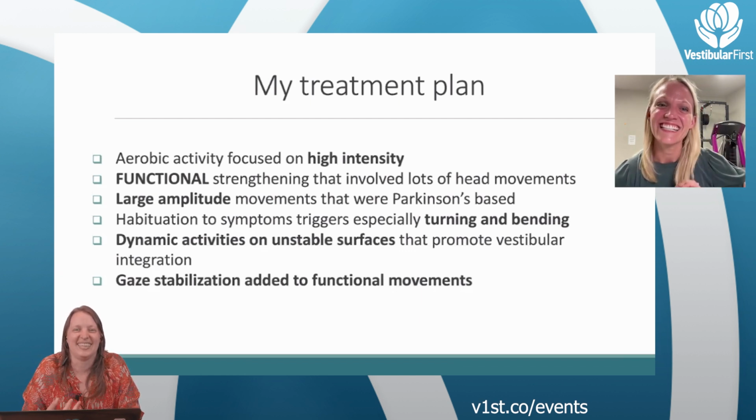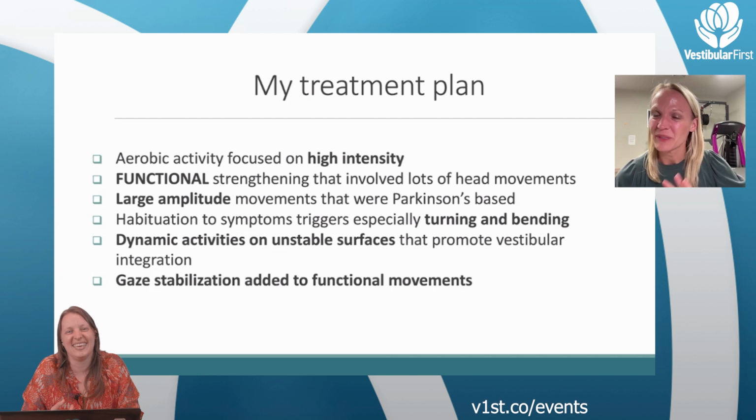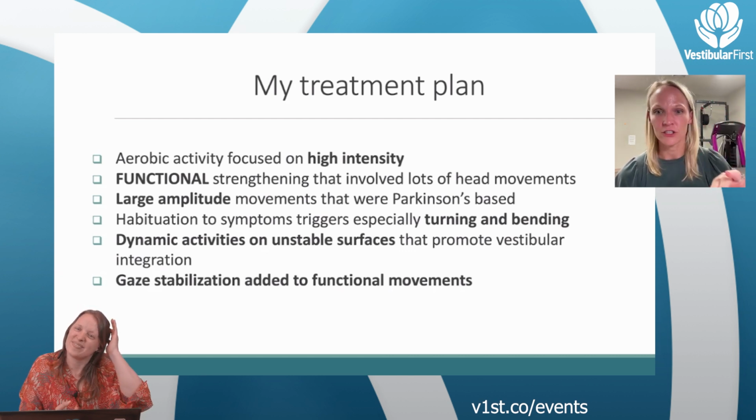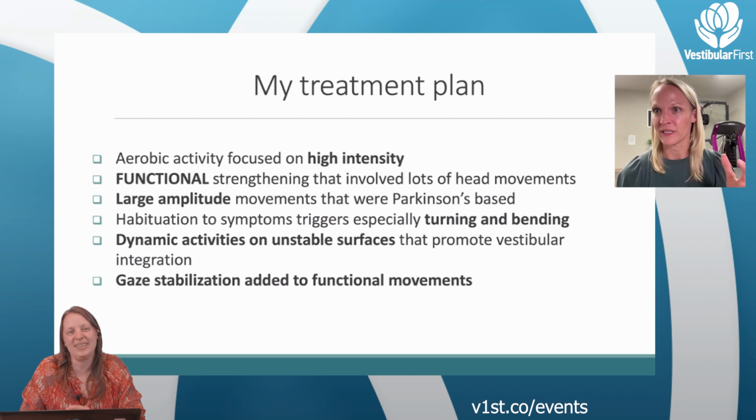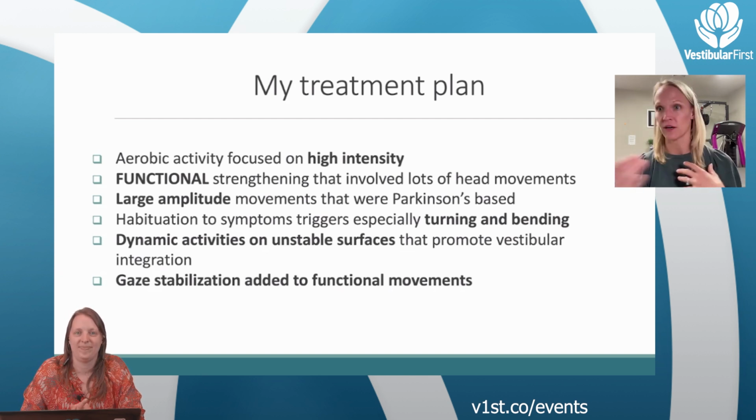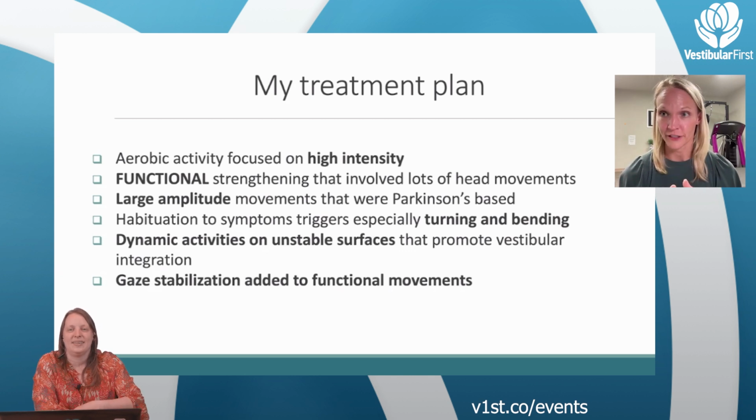Yes. And so my treatment plan wanted to mesh this neuro rehab approach of high intensity, functional, large amplitude movements that we typically use in Parkinson's with his dizzy triggers, right? He was dizzy at baseline, but he really was dizzy when he turned over, or turning around, not in bed, but just in everyday life, and then bending over.